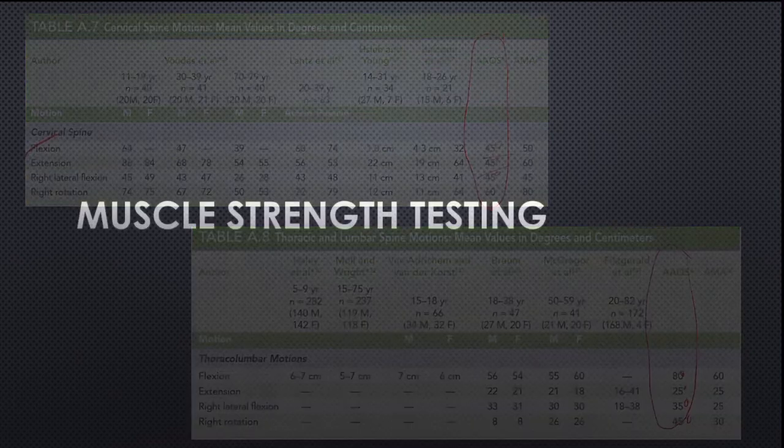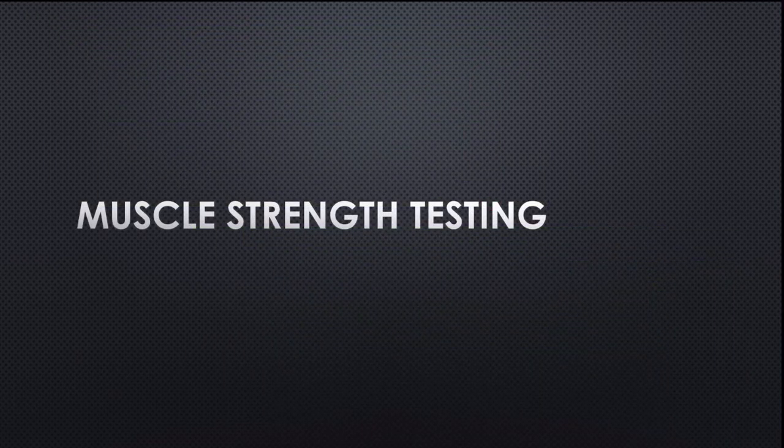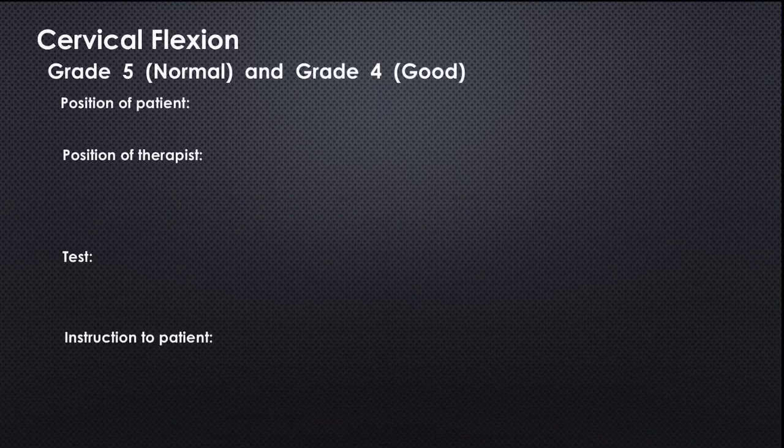And so let's now proceed with manual muscle strength testing. Okay, so for MMT, just a recap. Grading for MMT starts with 5, 4, 3, 2, and 1.